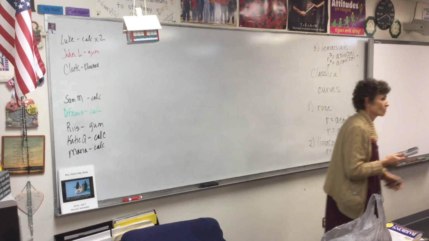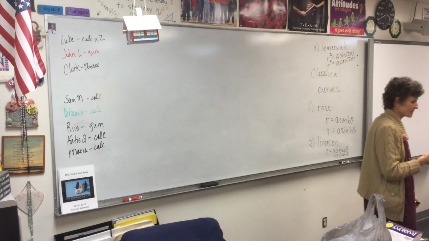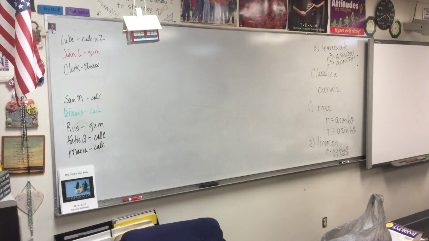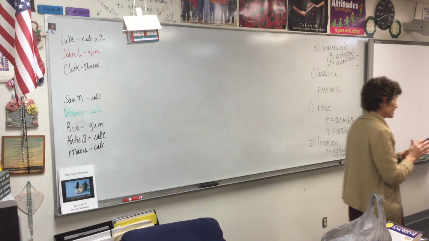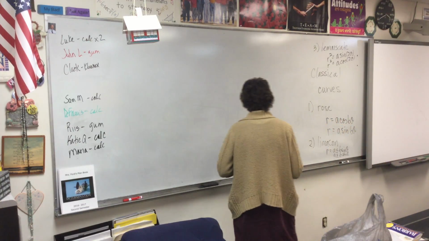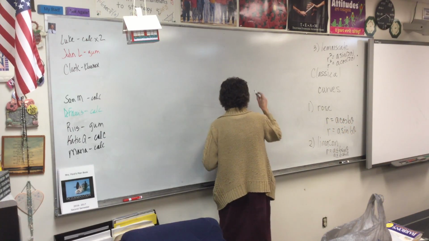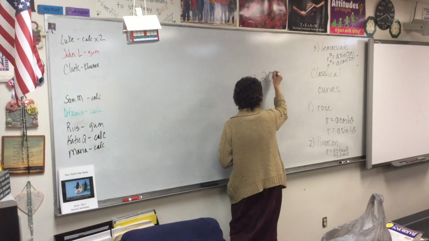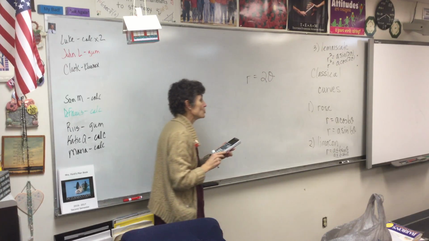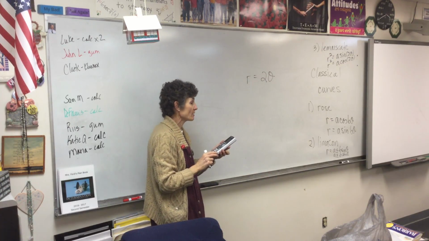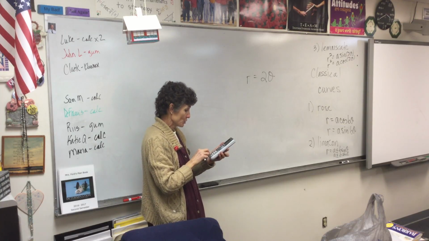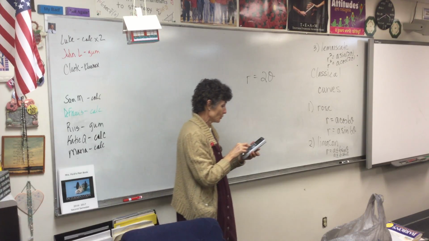You need a scale of 30. I don't care what your scale is. It doesn't really matter. All right. Now I want you to type in the equation r equals 2 theta. There is no function, no sine or cosine or anything in that, just simply 2 theta.